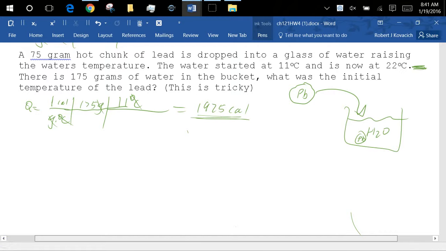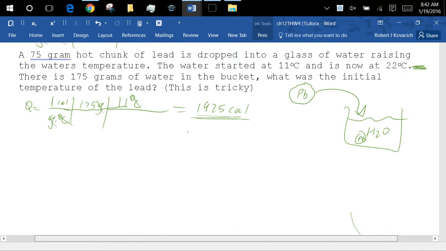That's how many calories the lead gave. The lead lost, right? Yes. The lead was hot and it cooled down, so as it cooled down, it gave its energy away. And how much energy did it give away? 1,925 calories. Why is that not negative? I was just getting to that. So is it 1925?